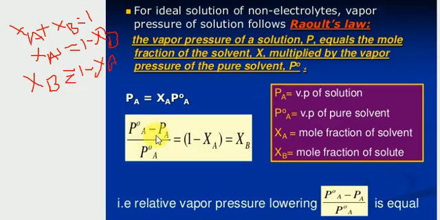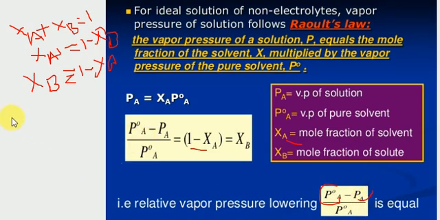Can I substitute the XB value? XB is nothing but 1 minus XA. Remember, P is the vapor pressure of the solution, P naught is the vapor pressure of the pure solvent, XA is the mole fraction of the solvent, and XB is the mole fraction of the solute. This is called the relative lowering. When compared with the pure solvent, for the solution, how much does the pressure reduce?